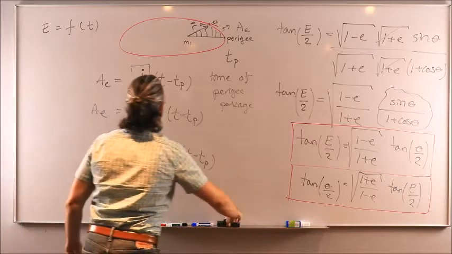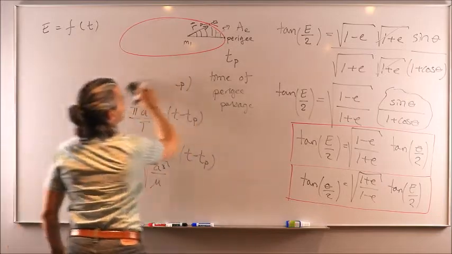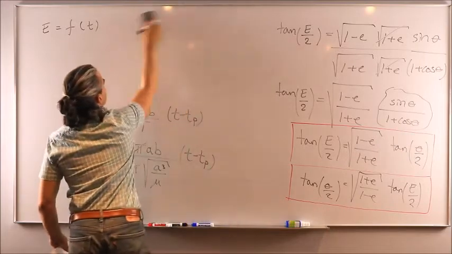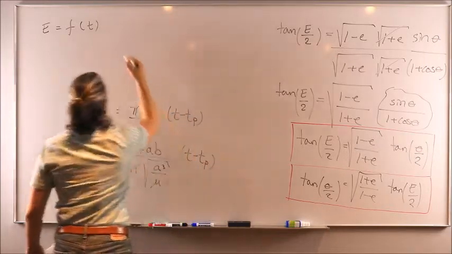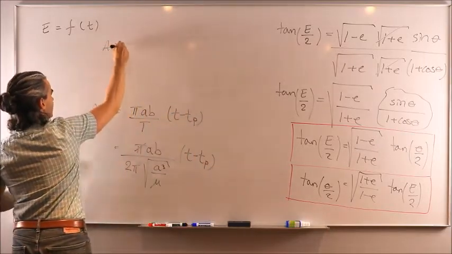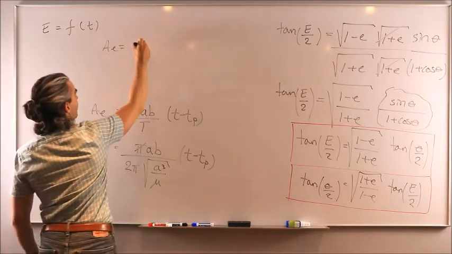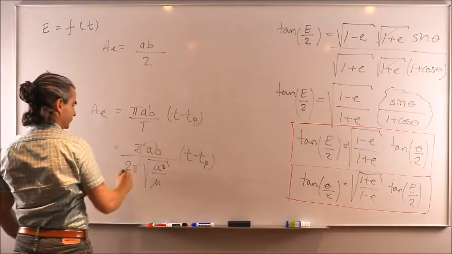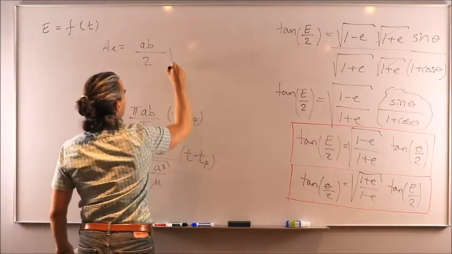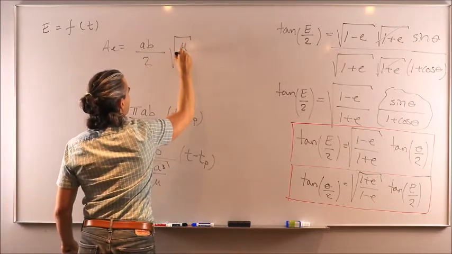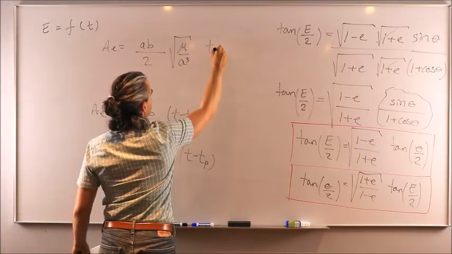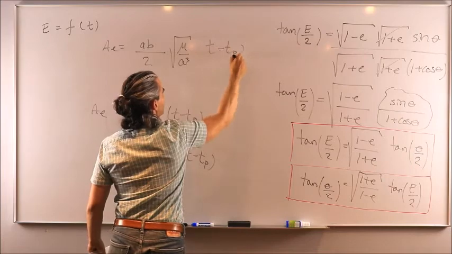Then I can rewrite it slightly differently, such that AE is ultimately equal to AB over 2 times square root of mu over a cubed times T minus TP.